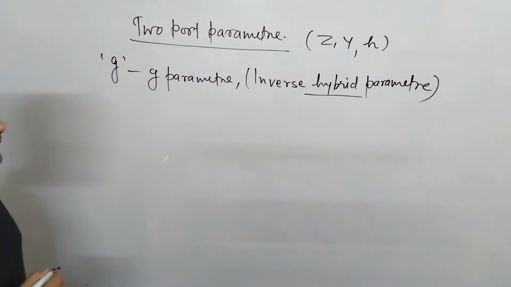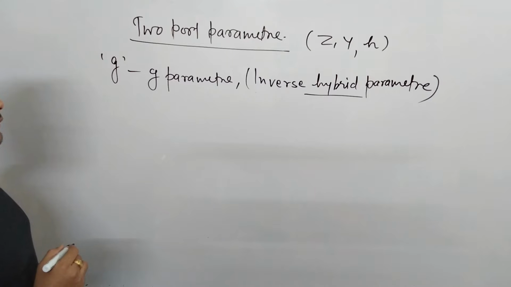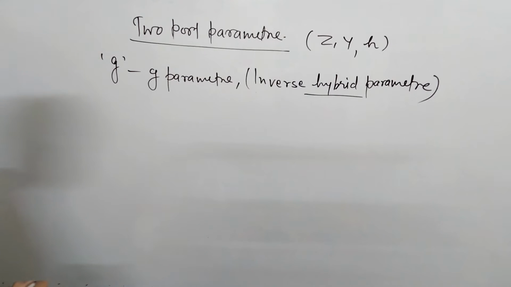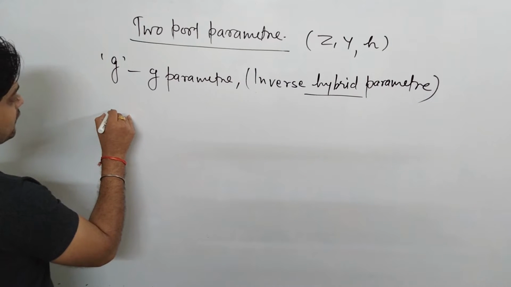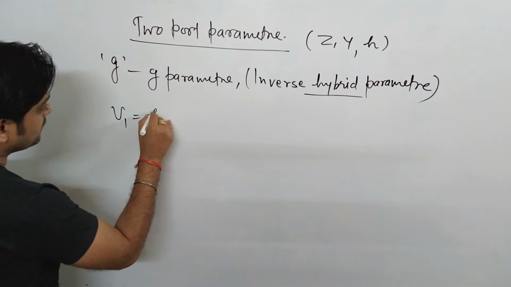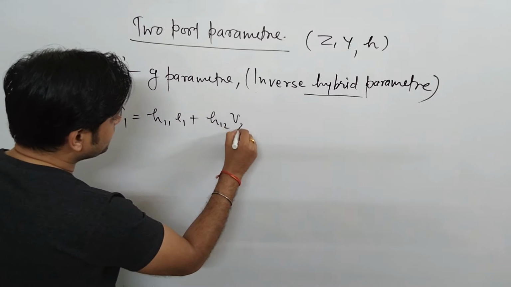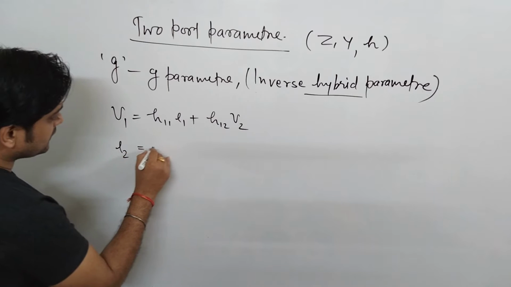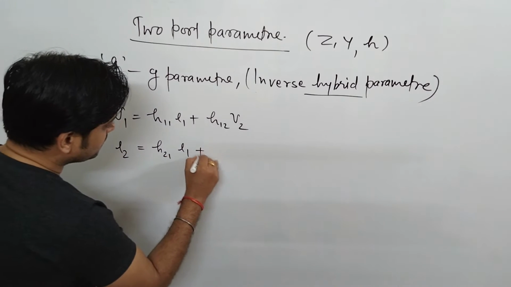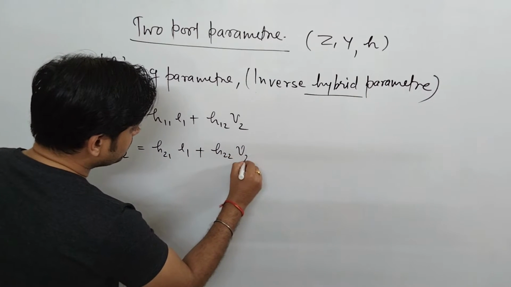We have already discussed the H parameters. If you just reverse those H parameters, that will become the G parameter. If I write the equation for the H parameter, we already know that V1 is equal to H11 I1 plus H12 V2, and I2 is equal to H21 I1 plus H22 V2.